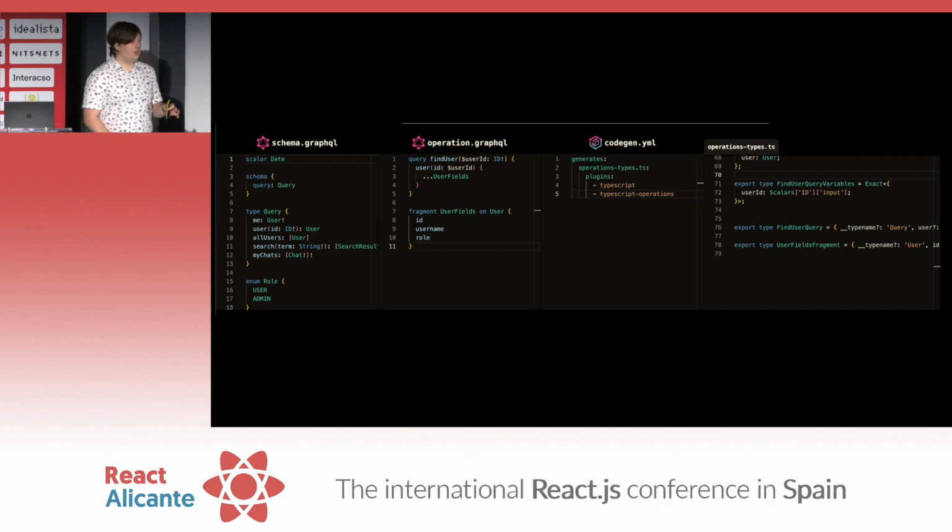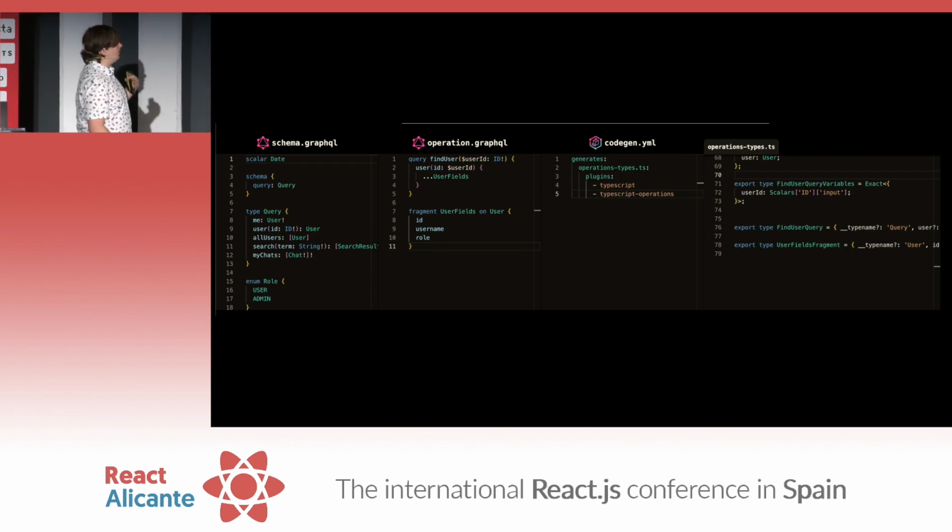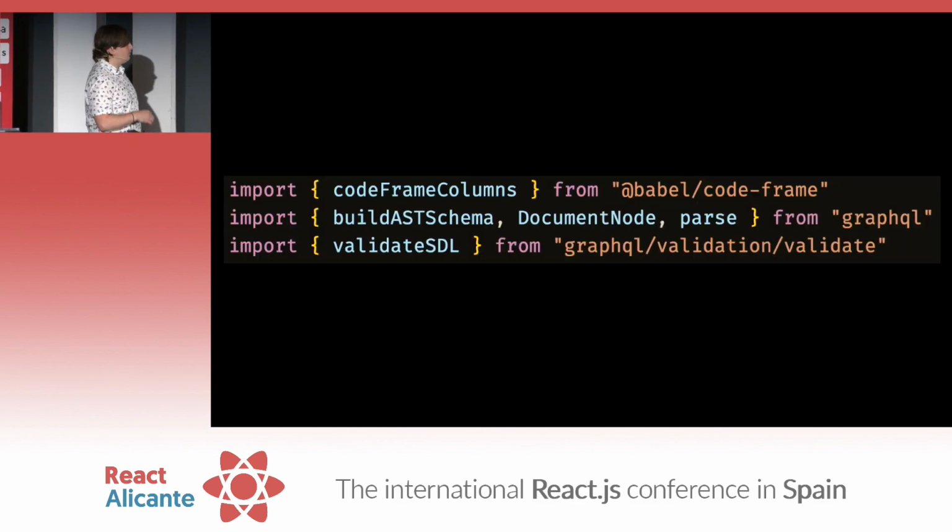An alternative, though, which gives you much more flexibility, is to generate those types yourself. Rather than relying on some library that will give you an off-the-shelf CLI to generate these types for you, you can go a level lower and use a few libraries.